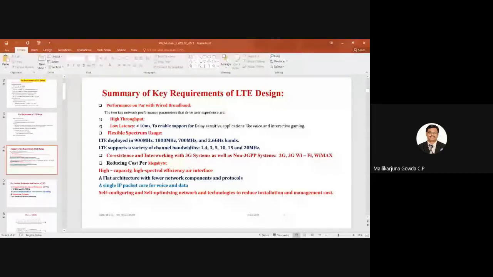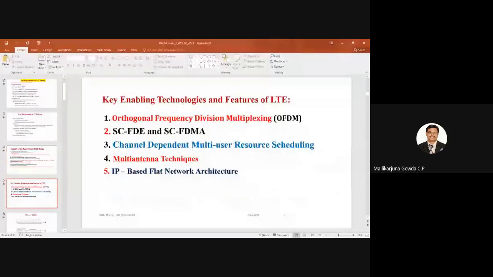So these are the 5 key enabling technologies which have come out to meet the performance requirements of LTE. These things should be in your mind at any time. You should be able to say with confidence that these are the 5 key enabling technologies for LTE. We will be discussing these things throughout the semester, each one of them.